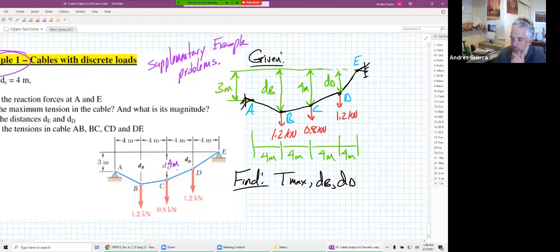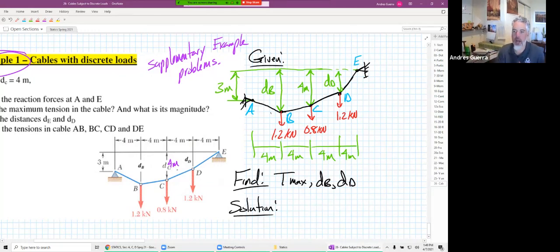Now, in this one, we don't know the slope of any segment. We don't know the slope of A to B. We don't know the slope of B to C. We don't know the slope of C to D, and we don't know the slope of D to E.